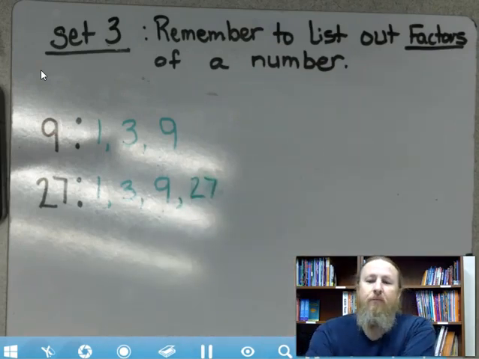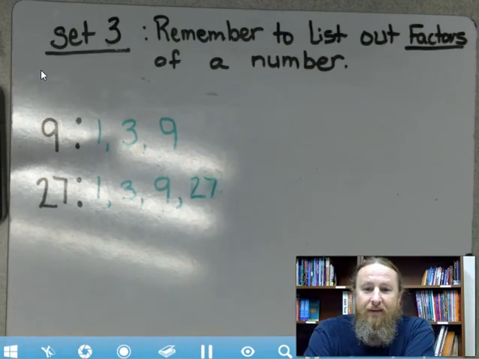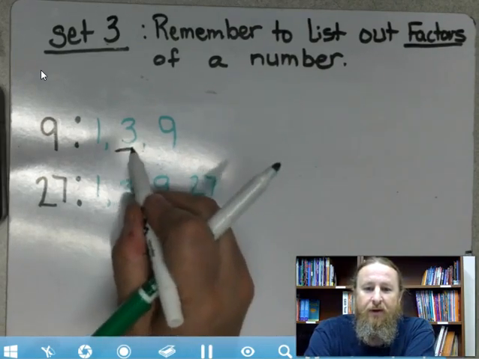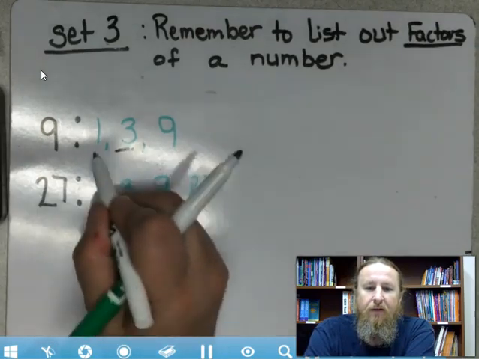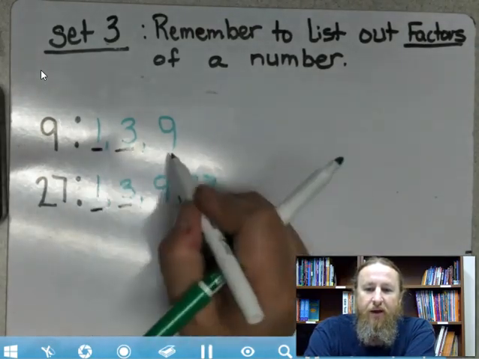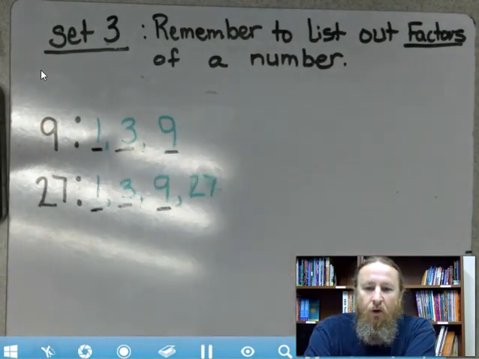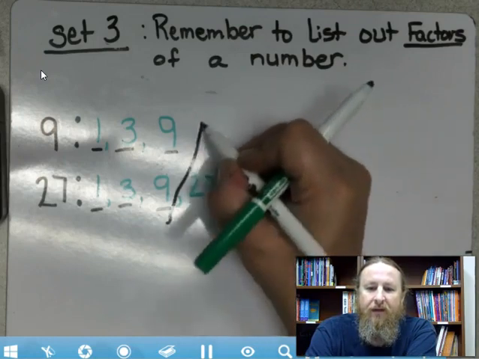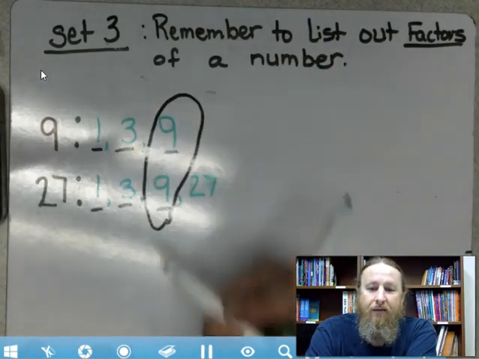So now we look at both lists. We see they share 1 and 3, but they also share 9, which is greater than 1 or 3. Thus, our greatest common factor for 9 and 27 is 9.